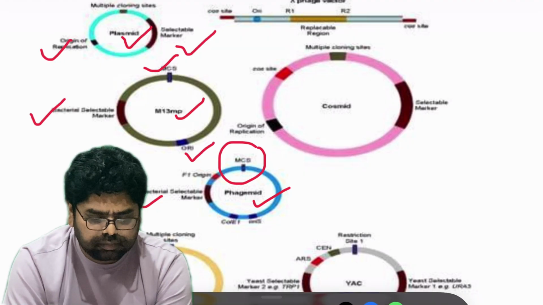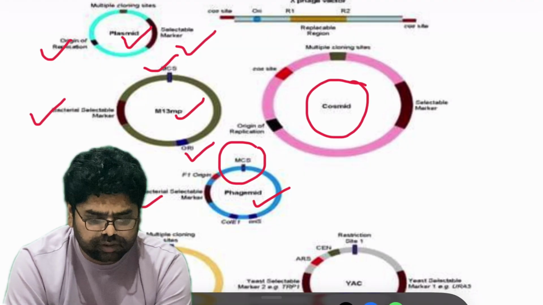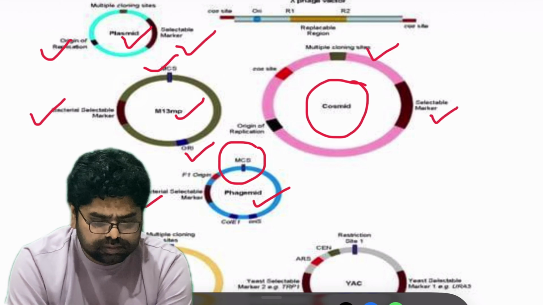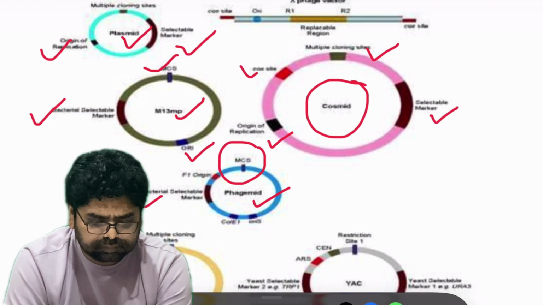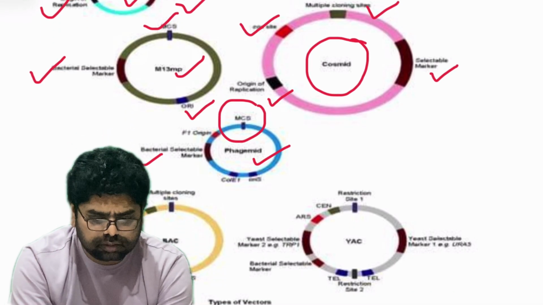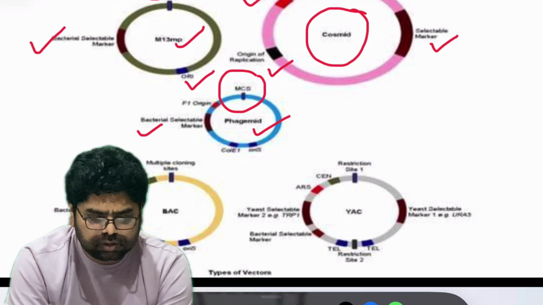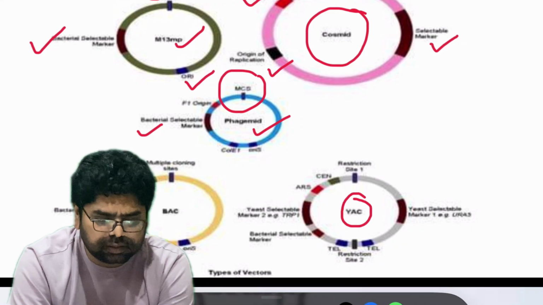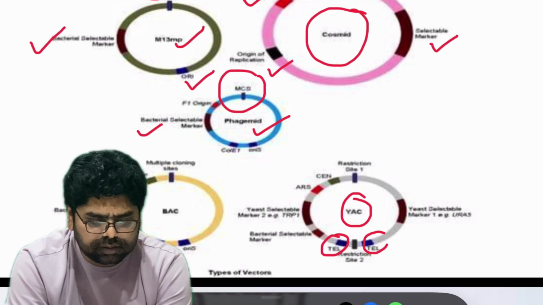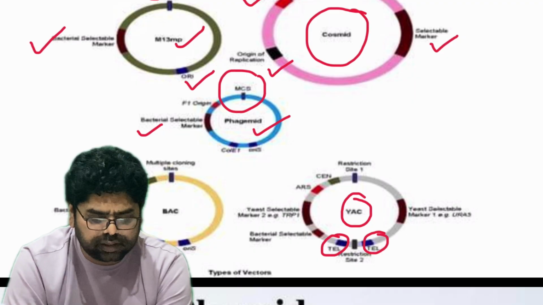This is a plasmid vector, also having the multiple cloning site and selectable marker, and this is your cosmid vector. It has the selectable marker, multiple cloning site, origin of replication, and one cos site. Okay, the cos site is there.